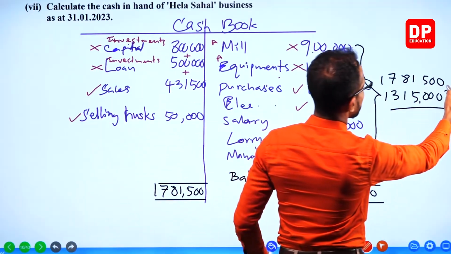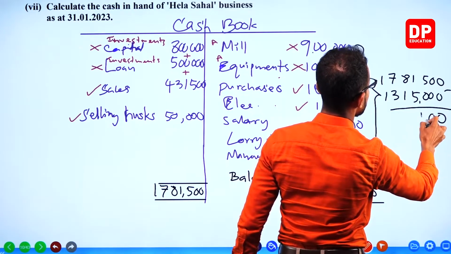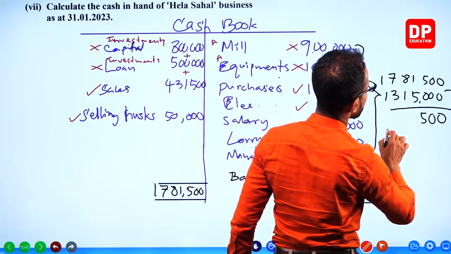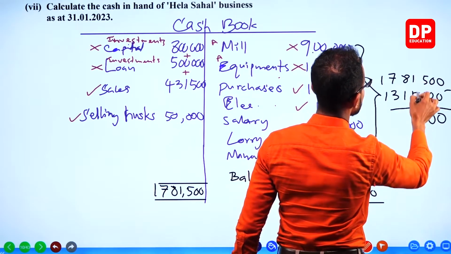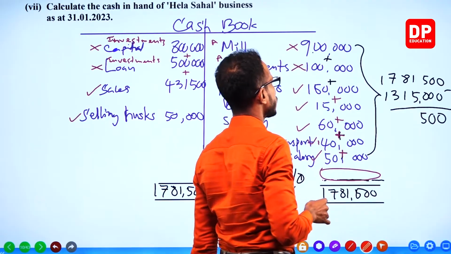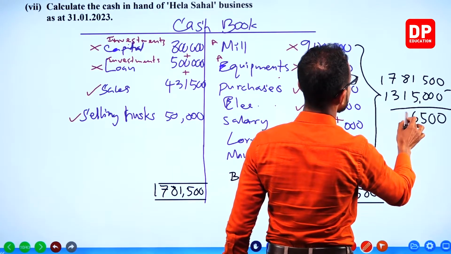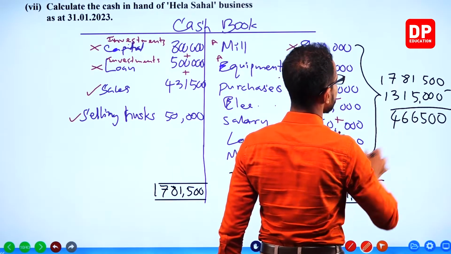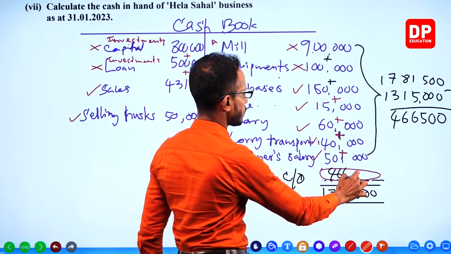Here's the calculation. 11 minus 5, it's 6, 466,500. That is the cash balance.